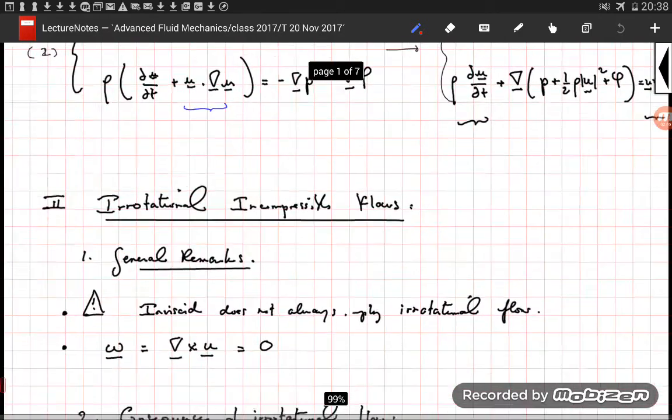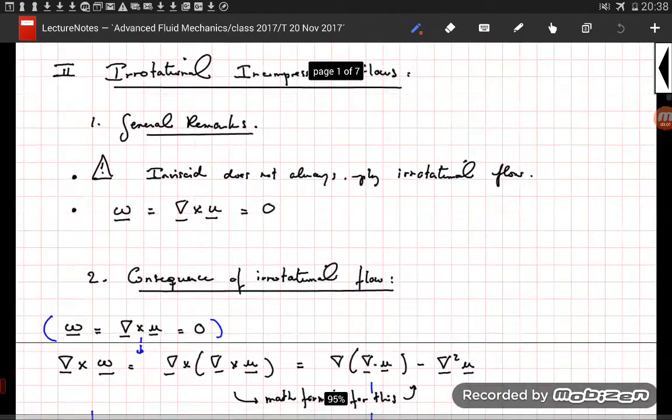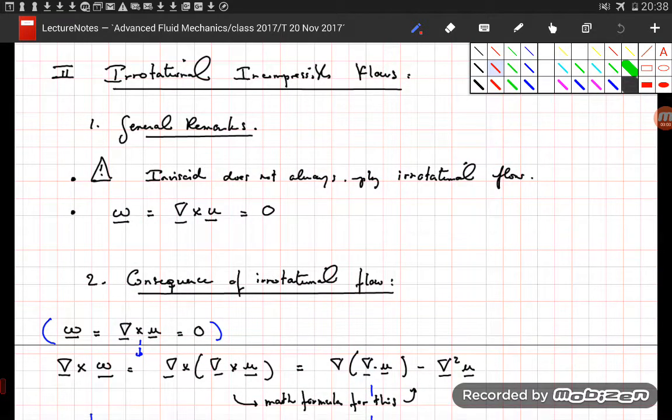So let's assume the flow is irrotational, meaning that in the bulk of the fluid, we have no vorticity. So we assume that the vorticity is 0 everywhere. In other terms, we're assuming that the curl of the velocity is equal to 0. So we're only looking at velocity fields which are irrotational.